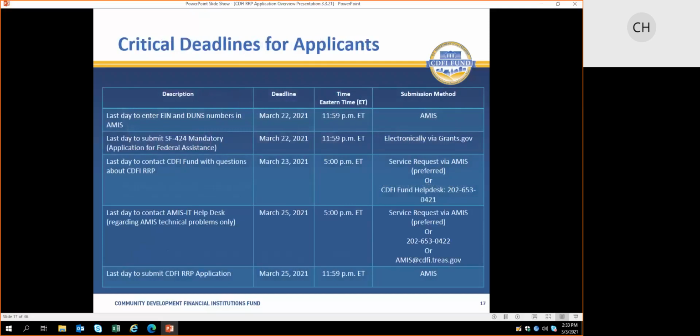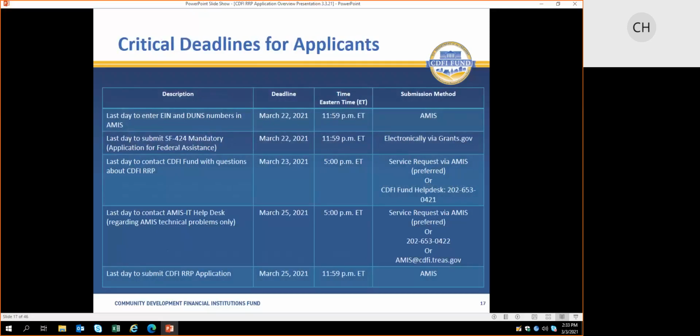The critical deadlines that applicants should be aware of are on the screen as follows. They're all during the week of March 22nd, so mark your calendars for a couple of weeks from now. Applicants are required to enter your EIN and DUNS numbers in your AMIS account by the March 22nd deadline. That is also the last day to submit the SF-424 mandatory form within the grants.gov system.